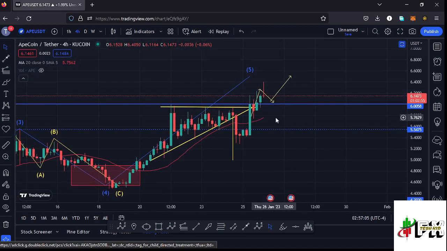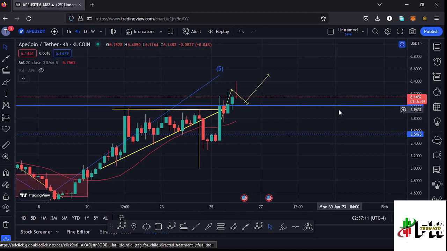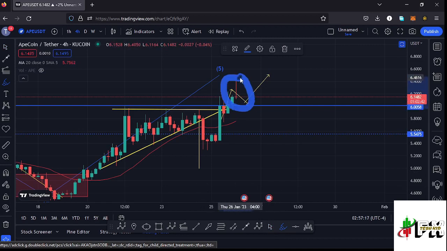which has given us a very long wick to the upper side, which is right here. So you can see that we have this long wick to the upper side, and this is an indication that the sellers are trying to take over the market, and that is after the buyers took over and gave us a breakout above the $6 mark.